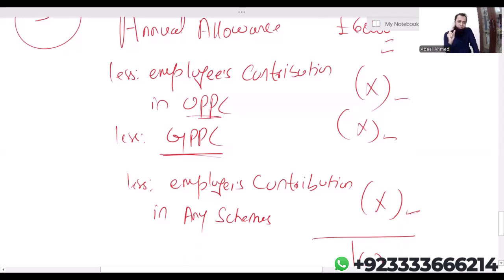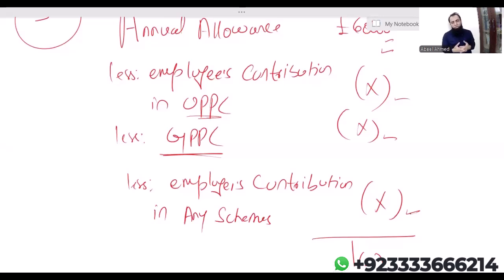So the limit of 60,000 is consumed by the individual's contribution in an occupational pension plan and the individual's gross PPC. If your employer is contributing for you in either an occupational pension plan, a personal pension plan, or both, that will also consume the limit of this £60,000.